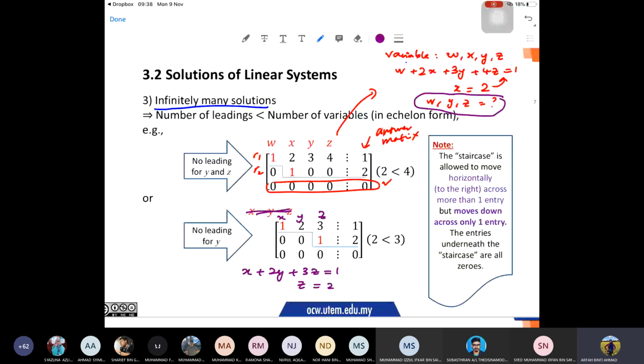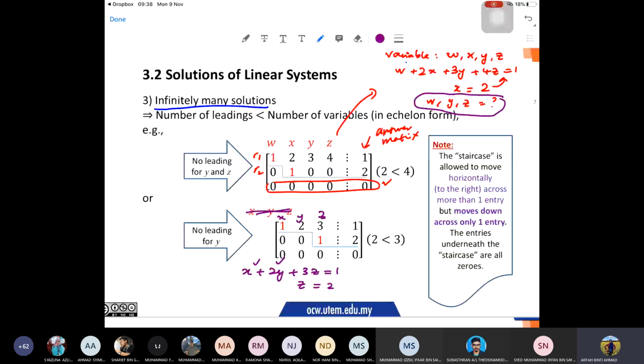Sebab awak ada dua equation, dua persamaan tapi variable ada 3. Itu yang maksudkan number of leading is less than number of variables. So sepatutnya 3 persamaan untuk 3 equation atau 4 persamaan untuk 3 equation. Tapi kita cuma ada 2 equation untuk 3 persamaan atau 2 equation untuk 4 variable.